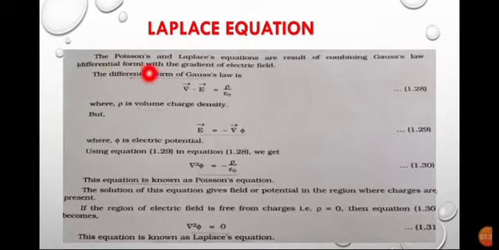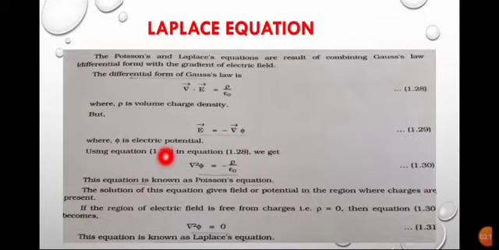The Poisson's and Laplace equations are the result of combining Gauss's law in differential form with the gradient of electric field. The differential form of Gauss's law is del dot E is equal to rho upon epsilon naught, where rho is the volume charge density. But we know that the electric intensity is equal to minus del phi, where phi is the electric potential.